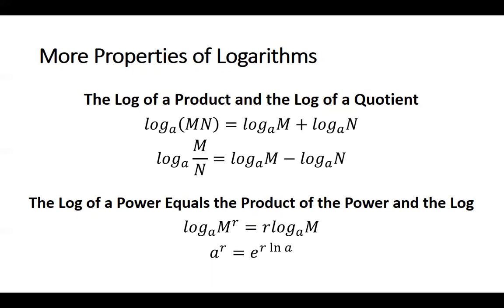So basically, we're going to put to use these things that we just saw, that if we have a product inside of our log, that can be written as two separate logs that are added together. If we have a quotient inside of our log, that can be written as the difference of two logs. And if we have an exponent inside the log, we can pull that out as a multiplier.